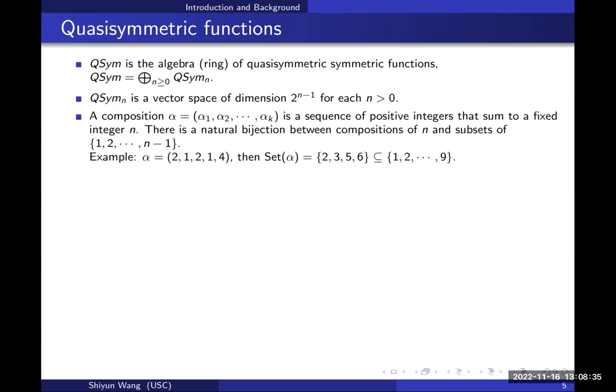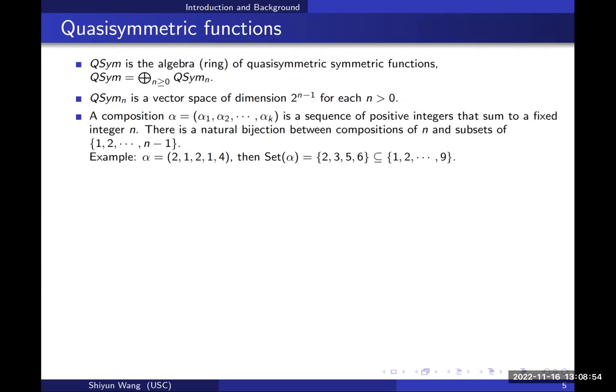To introduce the other bases for quasisymmetric functions, we need compositions. A composition is a sequence of positive integers that sum to a fixed integer n. There is a bijection between compositions and subsets of 1 through n minus 1.